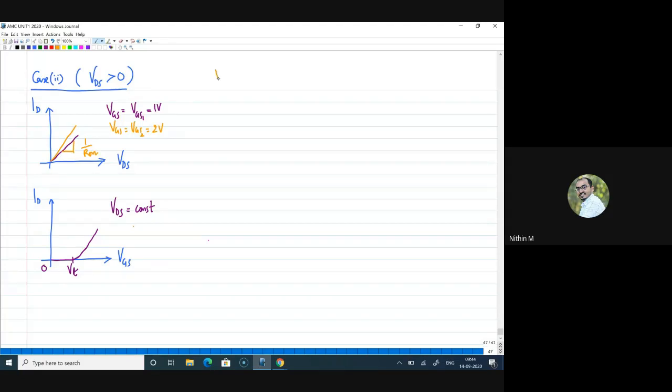Now we understood that VDS is positive, so we are continuing with the discussion. We understood that there is a VDS applied. Previously I looked at the structure with source and drain. This is my substrate.